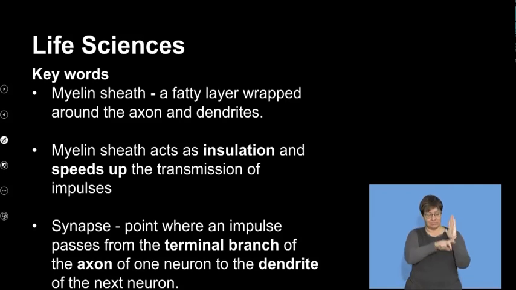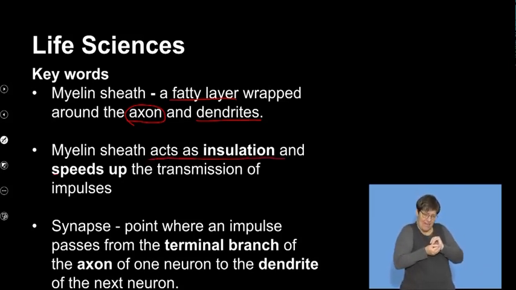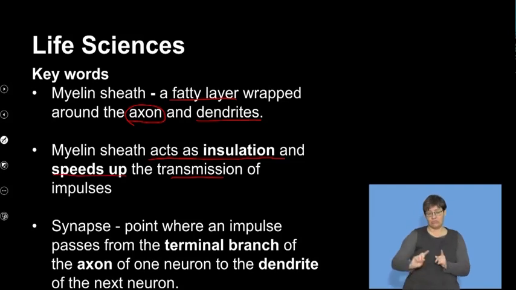Keywords, we continue. Myelin sheath, I did talk about that. It's a fatty layer that covers the axon and the dendrites of the neuron. It acts as an insulation and it speeds up the transmission of impulses. Remember, the function of the neuron is to transmit the impulse.